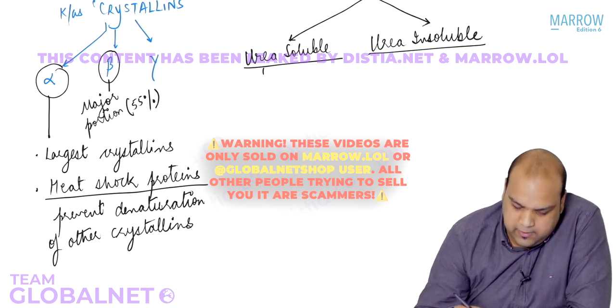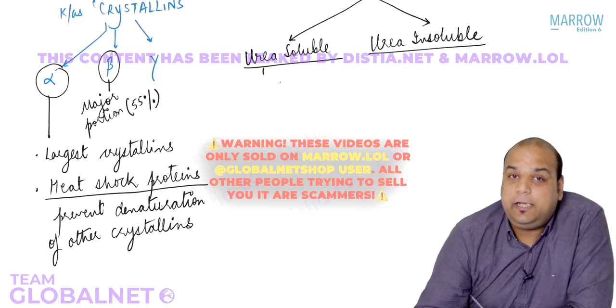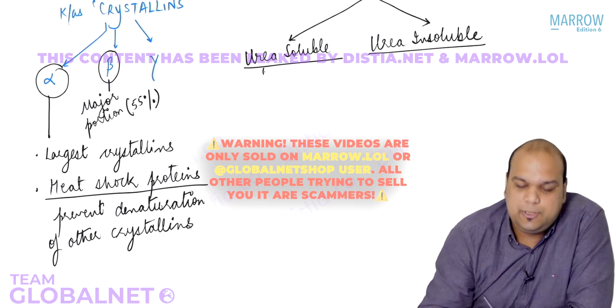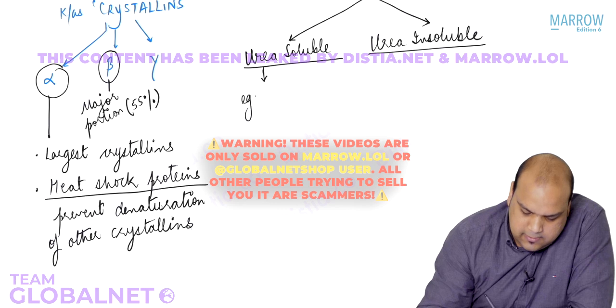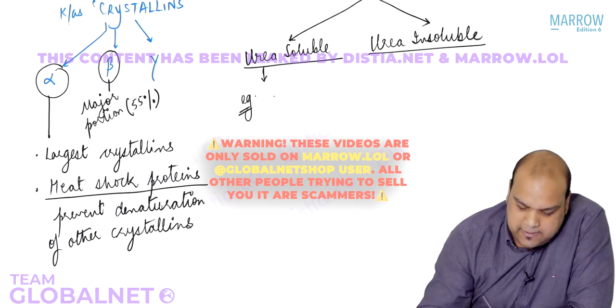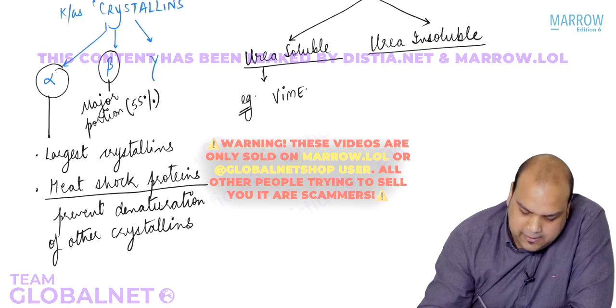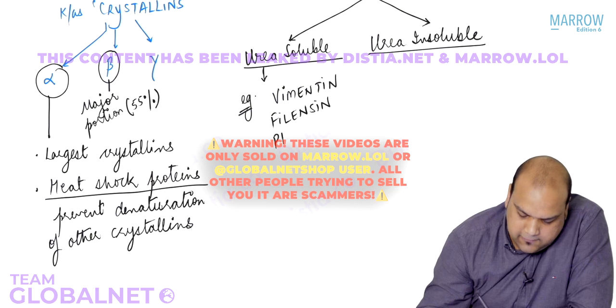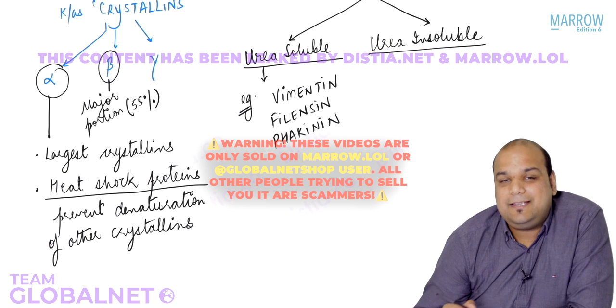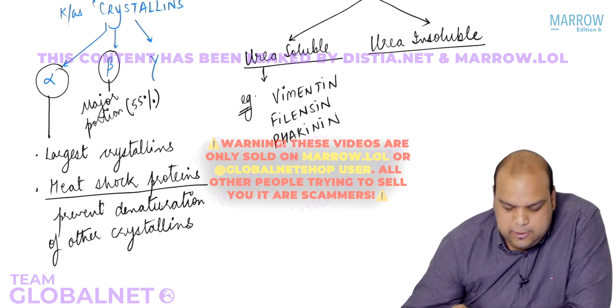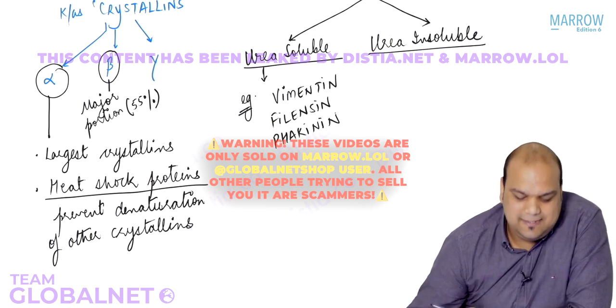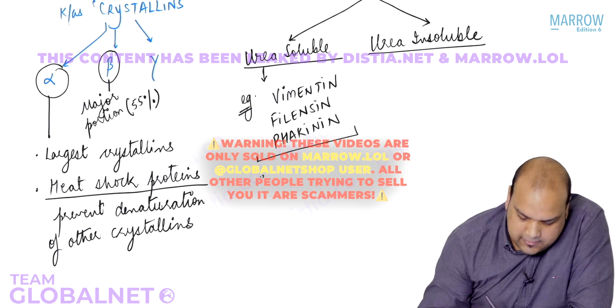Okay. Now, moving on to the water insoluble proteins, group 1, that is urea soluble. Some names of the proteins. So examples, everybody: vimentin, phylensin, phakenin. So these are just some names of these water insoluble, urea soluble proteins. They are cytoskeletal proteins.